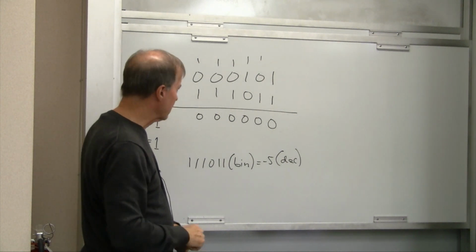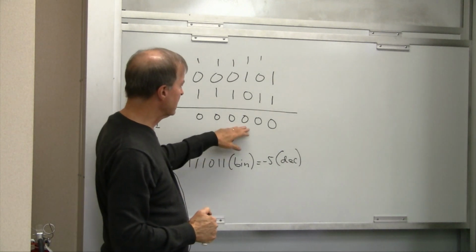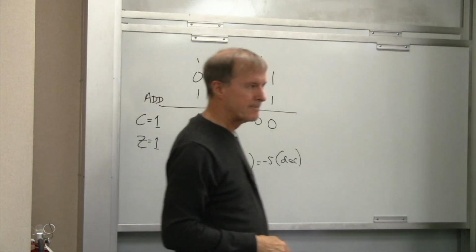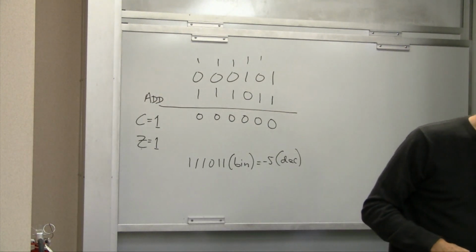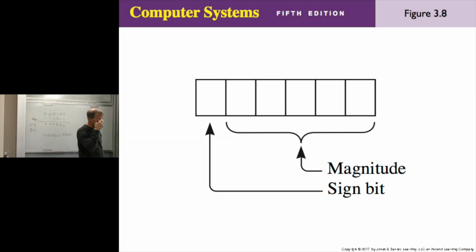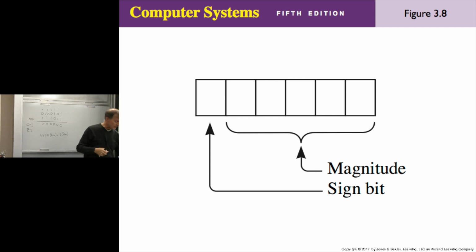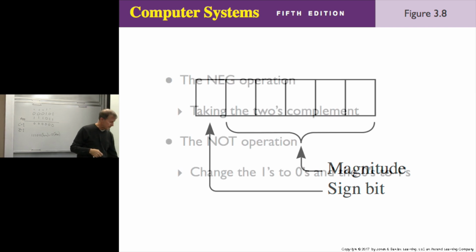Now, there's a rule, an algorithm for doing this conversion without having to do this bit by bit. And what is it? In figure 3.8, for signed numbers, we have the sign bit in the first location and the magnitude in the remainder of the bit positions.